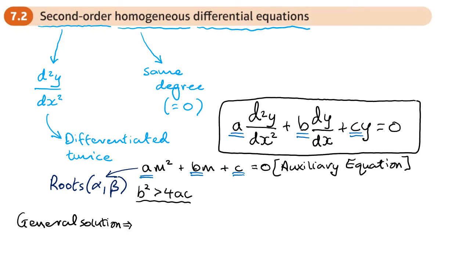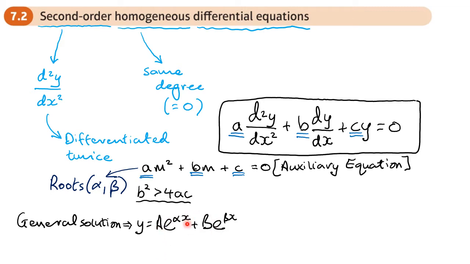Then if b squared is greater than 4ac, the general solution of our second order homogeneous differential equation will be y equals A e to the power alpha x plus B e to the power beta x, where A and B are arbitrary constants.